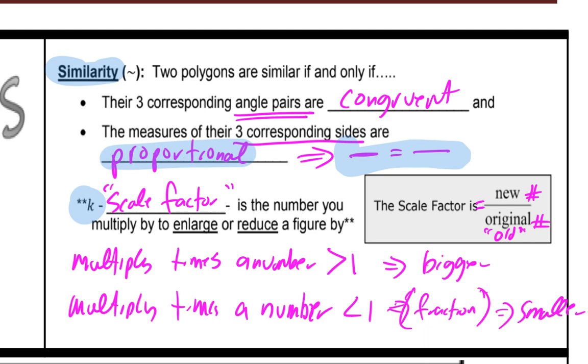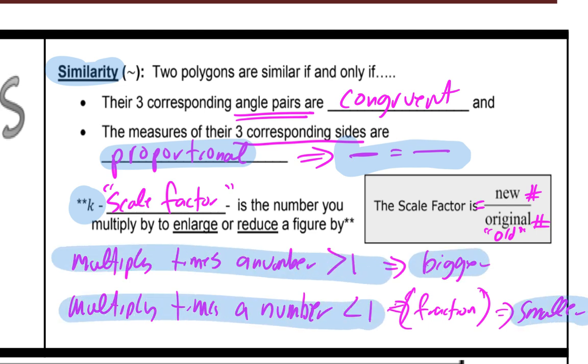So we should keep that in mind. The scale factor is going to tell us how many times we multiply by something. All right, let's get into some practice.